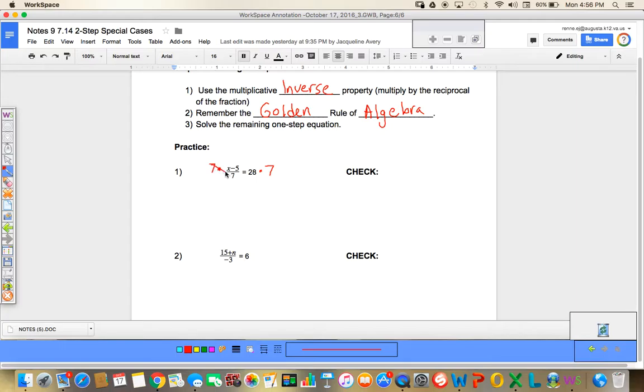The 7's cancel. Now we're going to bring down the x minus 5 equals 28 times 7. You can take a second to figure this out in your calculator.